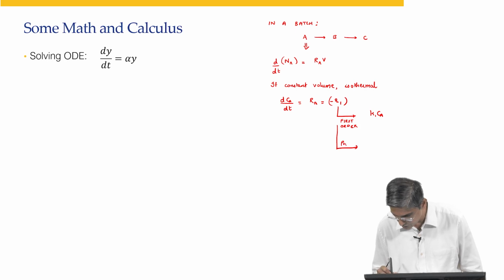If this was power law, we are going to get R1 equal to K1Ca to the power alpha.